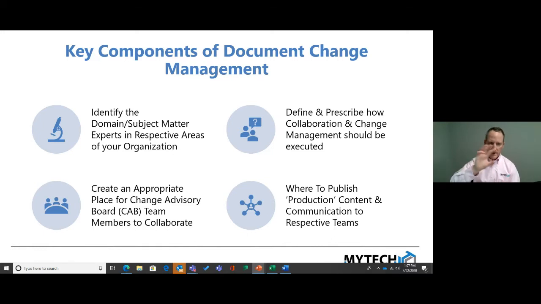Once you've defined those first couple steps, the next is creating an appropriate place, based on how you've defined the process, for your change advisory board, often called a CAB, to collaborate. The CAB methodology we're using and that you'll see today is not a MyTechism.